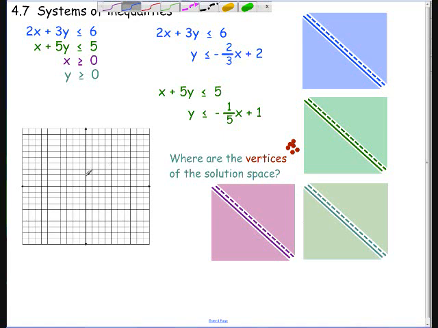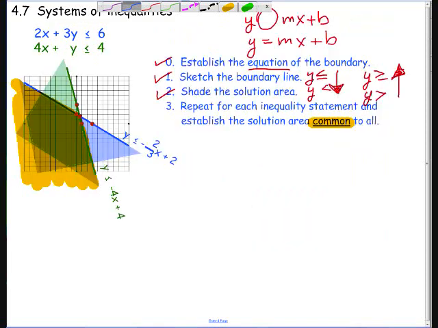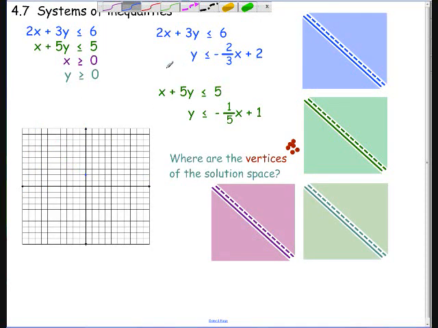We've got an anchor here for our boundary line. What did we say we were going to do? Establish the equation of the boundary, and I like to do that in y equals mx plus b form. Sketch it. All right, so we're going to sketch that boundary. We've got it in the form I like, and we've got a negative slope.